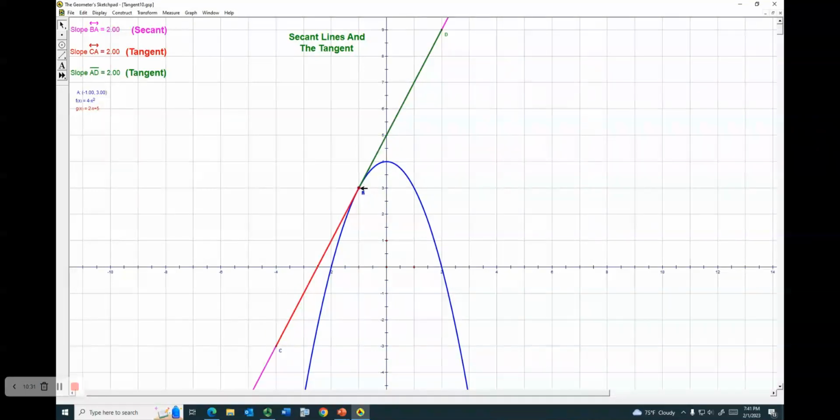In fact, if I move it literally on top, A and B on top of each other, now they're not exactly on top of each other. You try to compute the slope of the secant line, you couldn't do it because you just have 1 point. But they are so close together, almost infinitesimally close together, you can't really tell them apart.